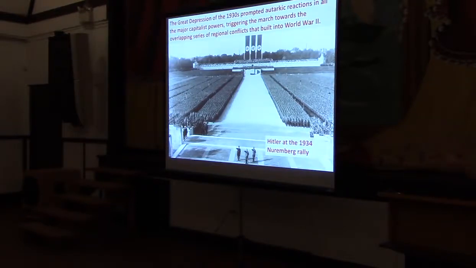You're familiar with the general character of the depression. In every single major country, the response is an autarkic response. That's to say, a national-centric response. A withdrawal from world trade. World trade collapses between 1929 and 1931 to something like 10 or 15% of its previous level. I mean, it's a dramatic collapse in world trade.